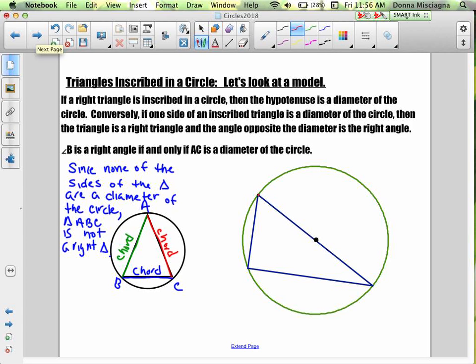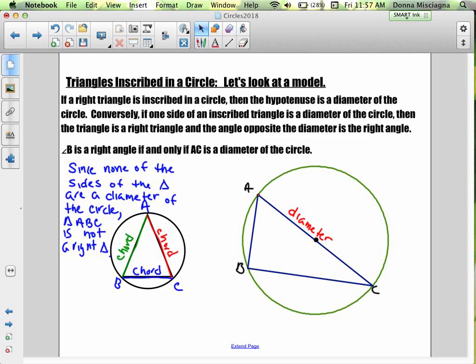Let's look at this triangle here. All right, so here we have the diameter of a circle. Oh, let me label that. This is triangle ABC. Right, so there we have the diameter of the circle. So since one side of our inscribed triangle, inscribed, by the way, just means the endpoints are on the circle.